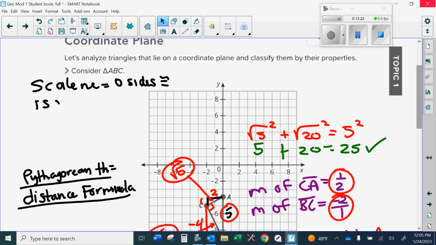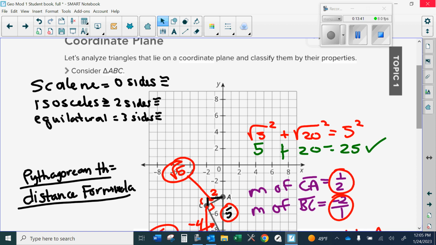Isosceles, there's at least 2 sides congruent. And equilateral, three sides congruent. Okay, remember the Pythagorean theorem equals the distance formula.